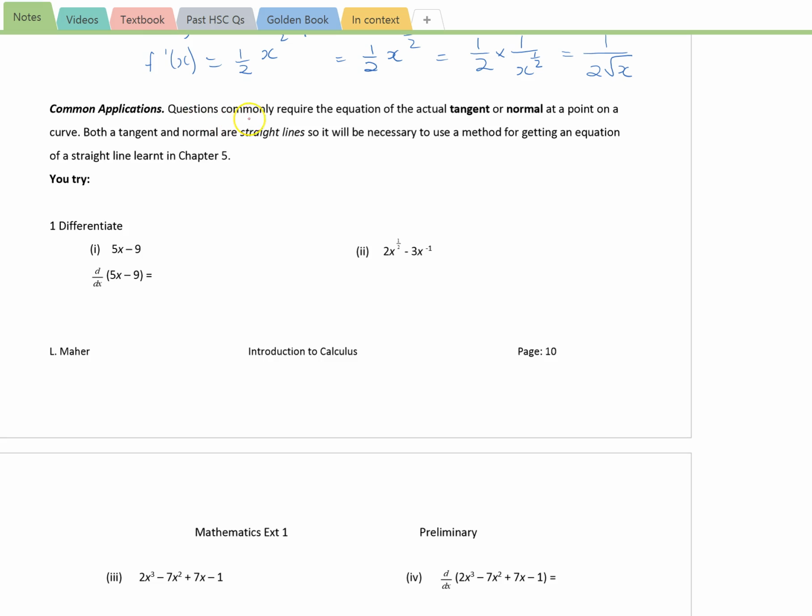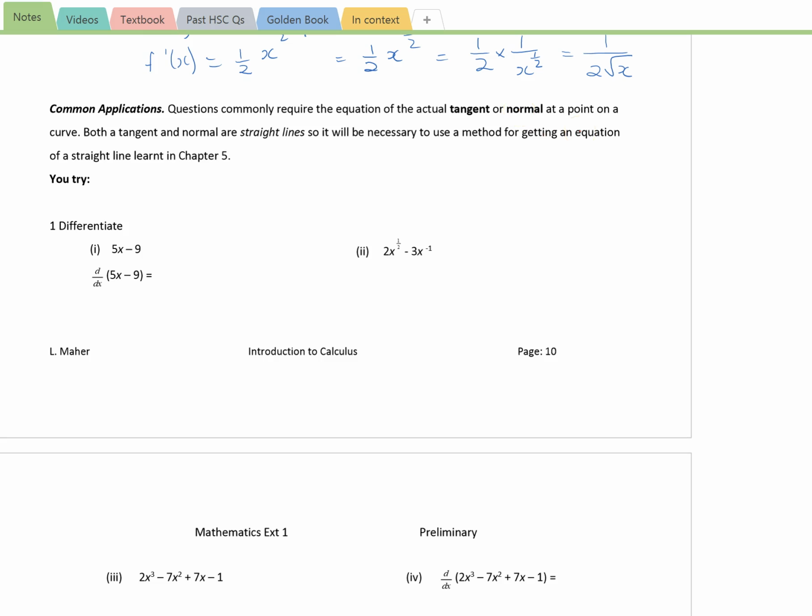It says, questions commonly require the equation of the actual tangent, which is the equation of a straight line. What do you know about the equation of a straight line? There are many different ways of getting the equation of a straight line. And the normal. What do you know about a normal? It's a straight line.